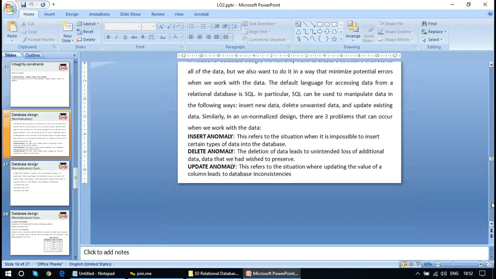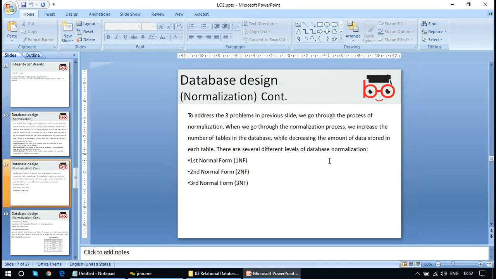So now let us see what it is. To address these three problems from the previous slide, we go through the process of normalization. In order to avoid these problems, we go through the normalization process.